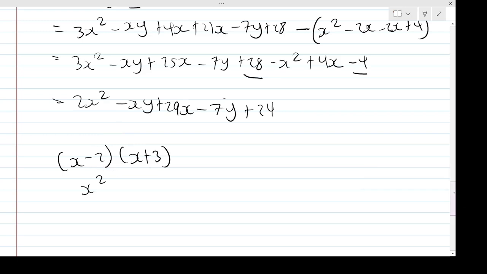So the 3 here will be 3x, and then minus 2 will be minus 2x. Simply 3 minus 2 will be plus x, okay? So I'll do that straight away if I have to simplify afterwards. And then minus 2 times 3 will be minus 6.